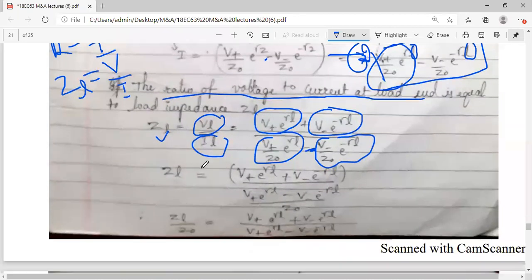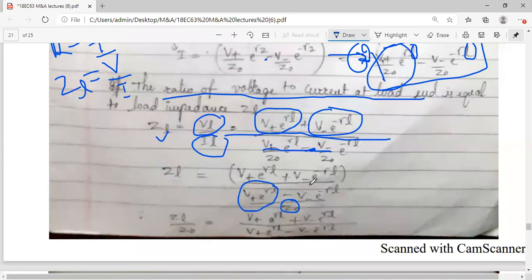In the next step, with some simple mathematics, you need to do a little manipulation. Take the LCM of the denominator, this is your main denominator. If you take the LCM, that is Z naught, V plus e raised to gamma L minus V minus e raised to minus gamma L, divided by Z naught.